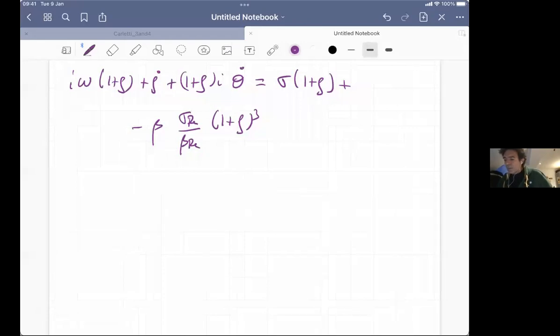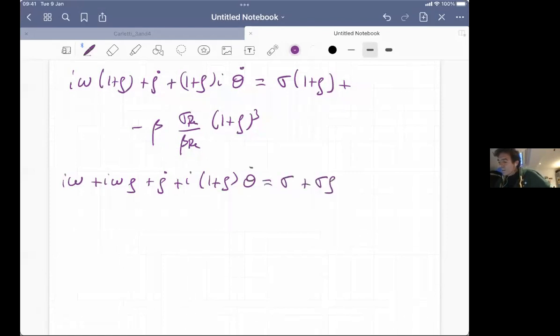I have i omega plus i omega rho plus rho dot plus i (1 plus rho) theta dot equal to sigma plus sigma rho minus beta times the real part of sigma over the real part of beta, times (1 plus rho) cubed. Now remember that I assume that rho is small and theta is small.